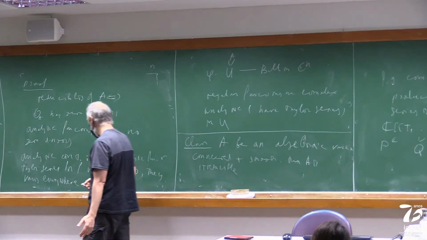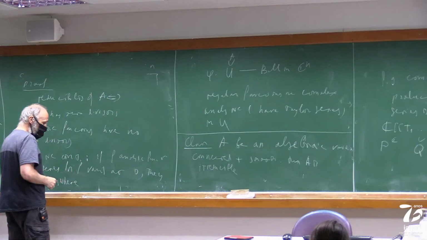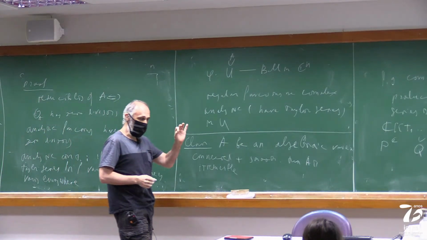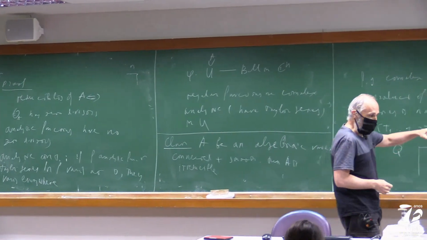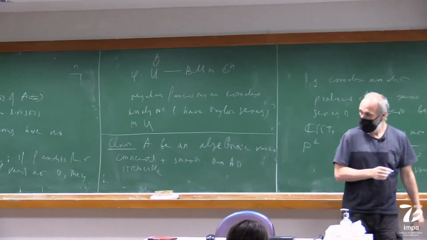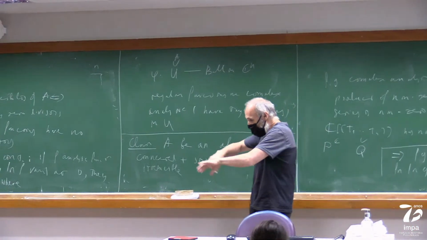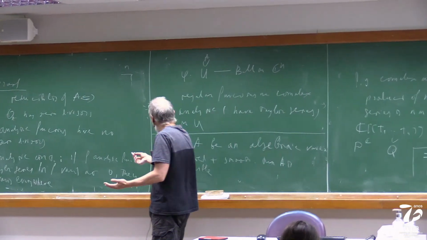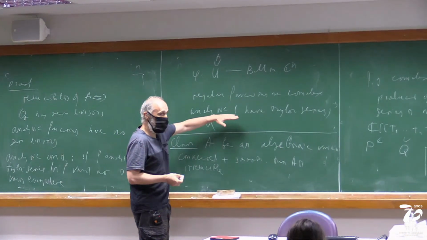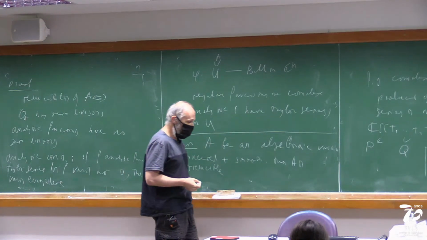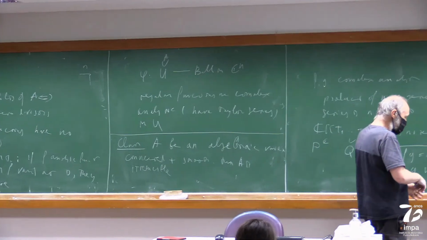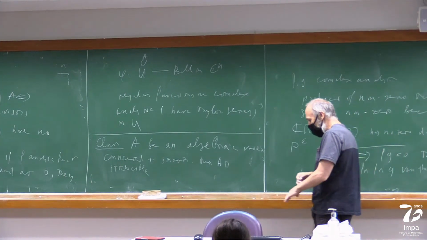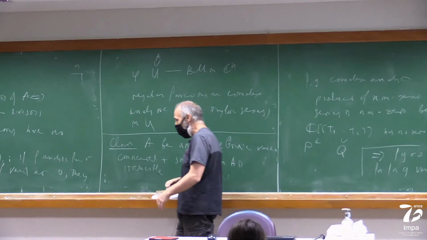So why does it vanish everywhere? Look, you have your function. It has Taylor expansion 0 at one point. This means that it is 0 in its neighborhood, because an analytic function is equal to its Taylor series. Consider the set where it is 0. It is open.